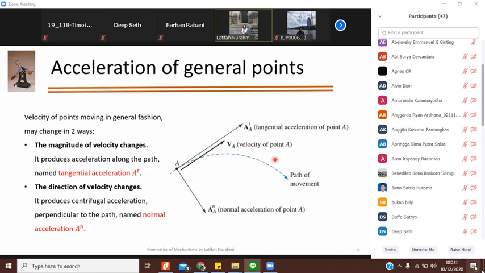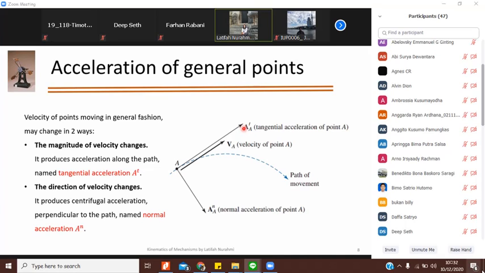A will have a linear velocity that is always tangent to the path. It doesn't have normal velocity, but it has acceleration both in the tangent direction and in the normal direction.